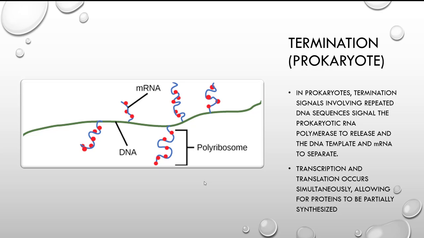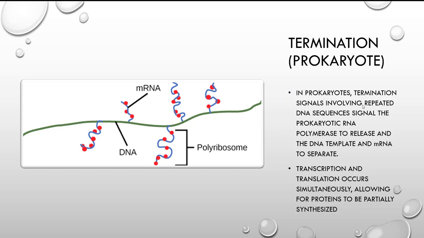Okay, so I'm going to talk about termination for the prokaryotes first, and then we'll talk about termination in the eukaryotes. With the prokaryotes, once a gene has been fully transcribed, there's a termination signal.